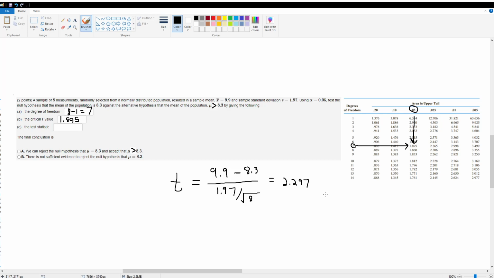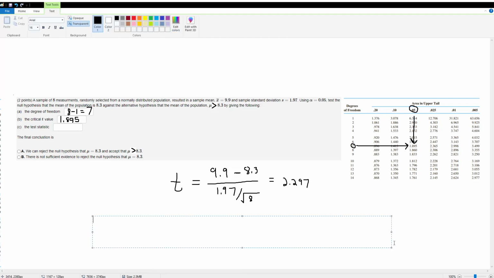This time around, we're going to be able to reject the null hypothesis because even though our sample size is still bad, it's at least better than whatever on Earth 5 was. So this time around, because our test statistic of 2.297 exceeded the critical value, you could put exceeds, same idea, both are fine, of the 1.895, we reject the null hypothesis that the population mean is 8.3.